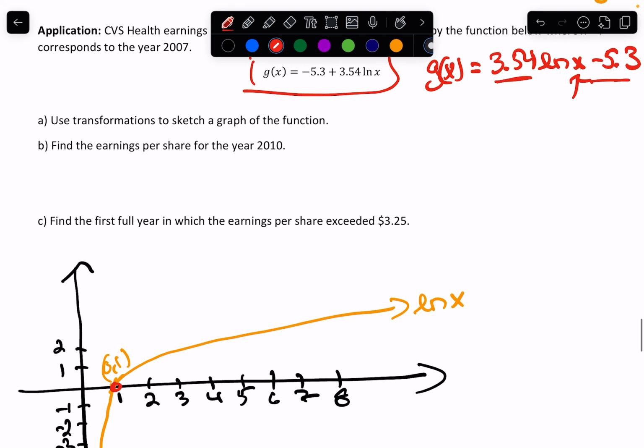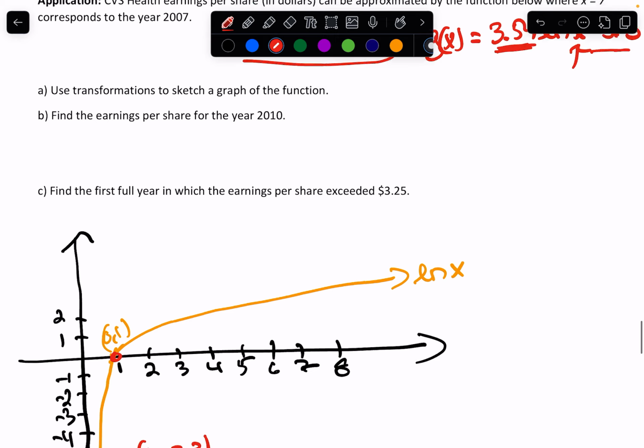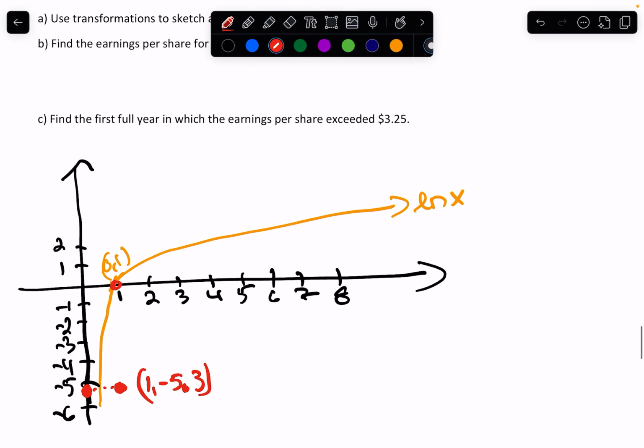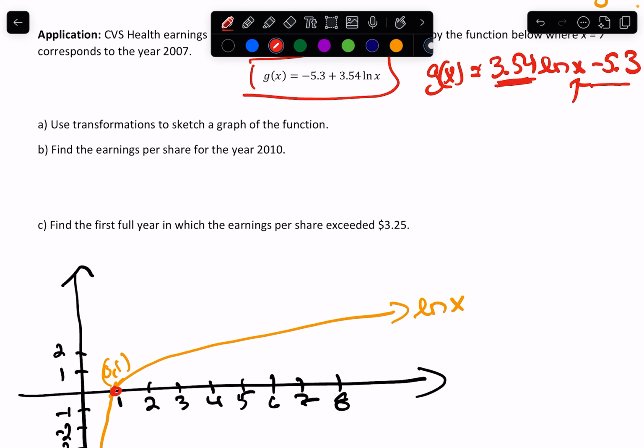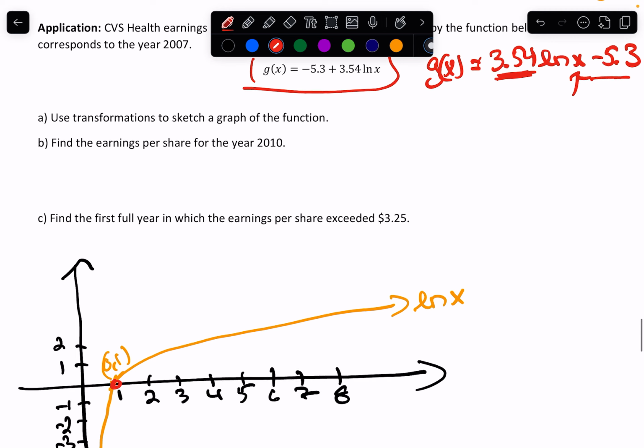We can just estimate with the 3.54 as a vertical stretch.